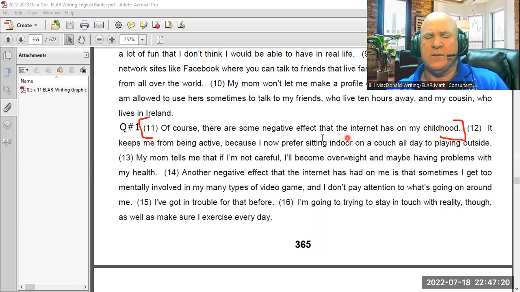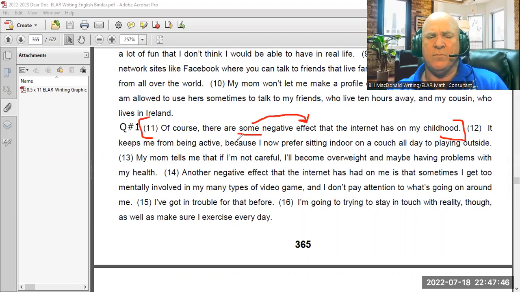Well, since some is plural, I have to remember that since that's more than one, I have to realize that it's not going to have an effect, it's going to have some negative effects.